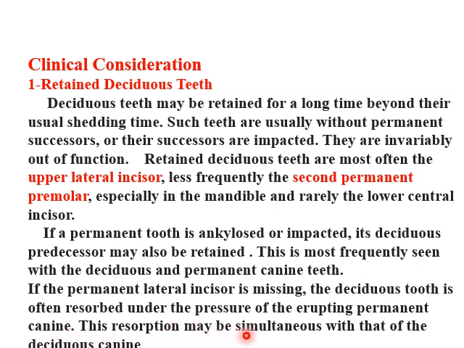This resorption may be simulated with that of the deciduous canine. So the permanent canine causes pressure on the deciduous upper lateral incisor if there is a congenitally missing upper lateral incisor, and this causes pressure on both the deciduous lateral incisor and the deciduous canine.